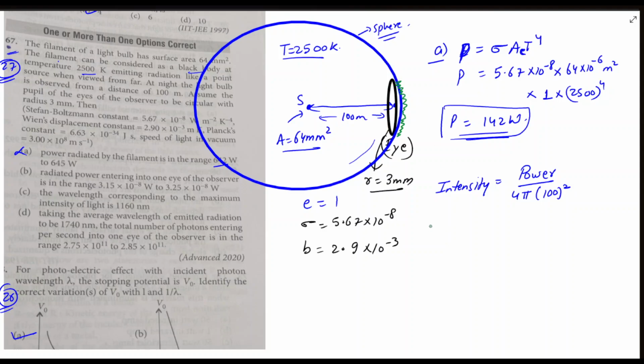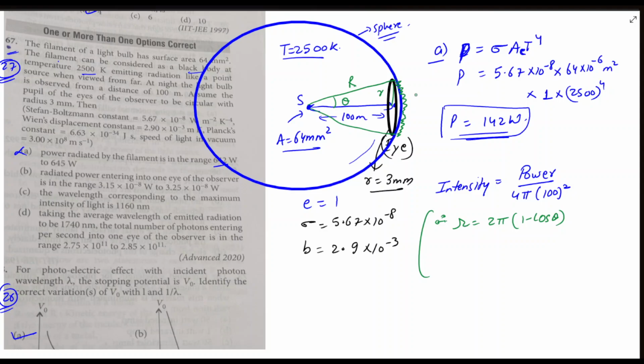Why? Let me derive it. So let's find this area. We have to use the concept of solid angle, right? So let's make this, and let's say this is theta, this is capital R, and this is small r. Solid angle will be 2 pi into 1 minus cos theta.